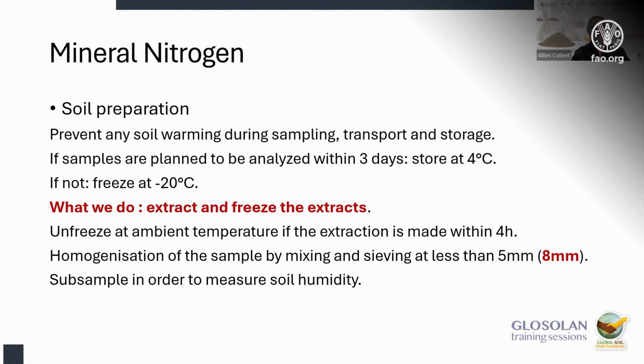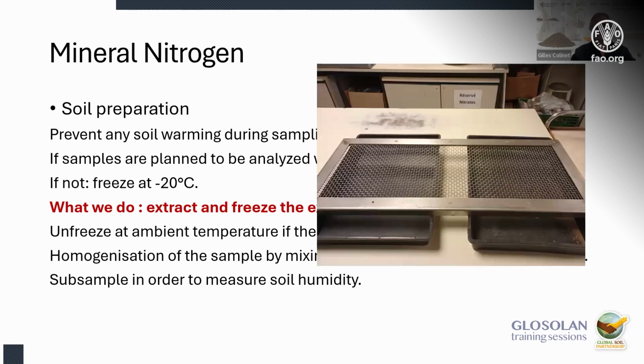So we sieve everything at 8 millimeters, and we take a subsample in order to measure the soil humidity, because at the end, we correct the results relative to dry soil. So we must know the humidity of the soil. So that's the kind of big sieves that we have made.